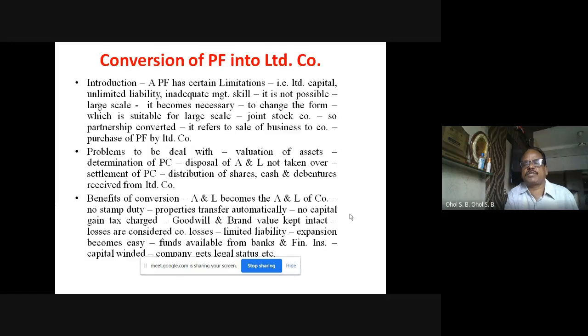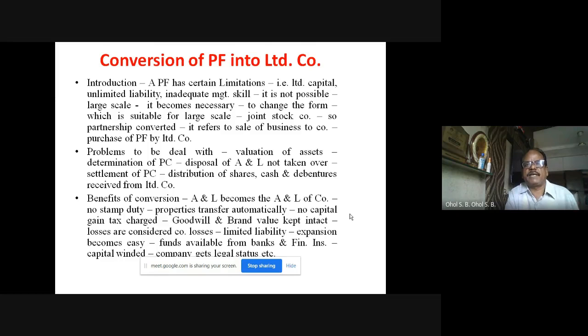All these issues are to be resolved by making discussions with the limited company and between the partners.